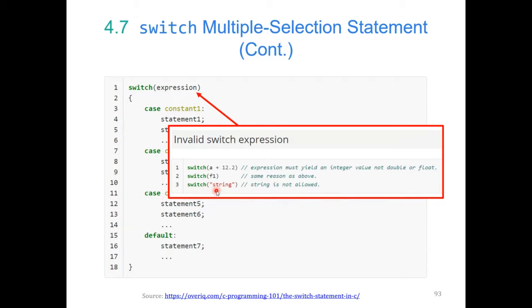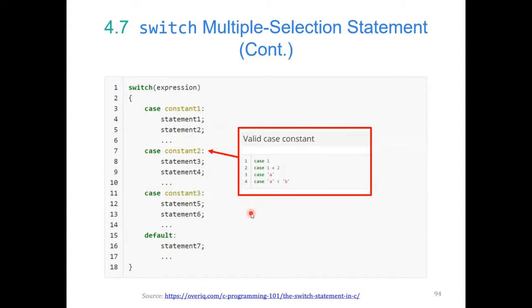If you have a string and you're using that string to make decisions in a switch, that will also not work. So it has to have either integers, Boolean, or characters. So expressions have to be integral data types, or they have to be expressions that return integral data types.